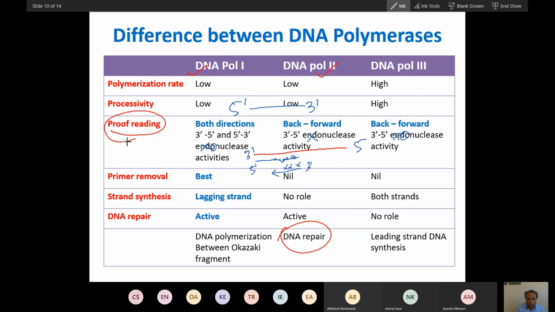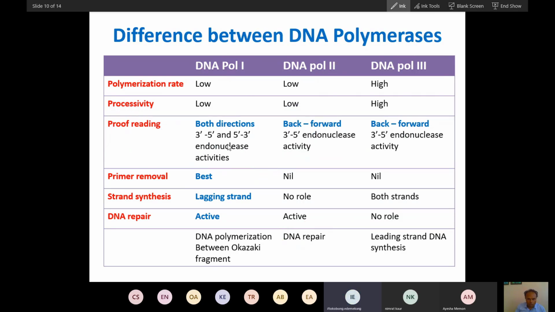Did you get this proofreading function? This is a very important function. DNA polymerizes in the 5 to 3 direction, and at the same time it removes bases from the 3' direction. This is exonuclease activity.